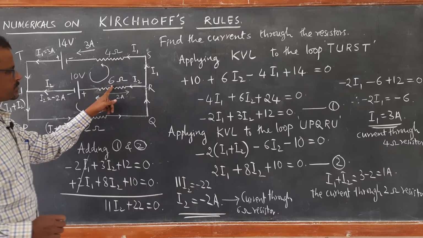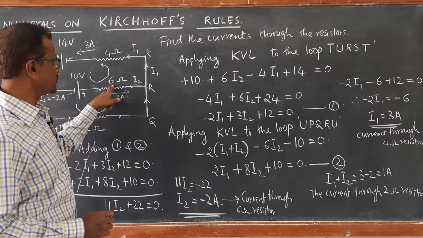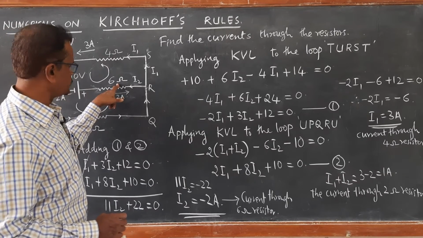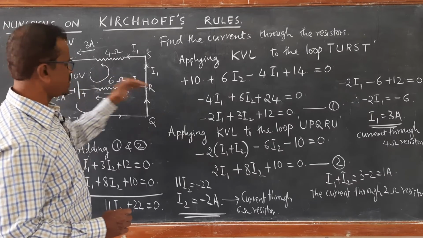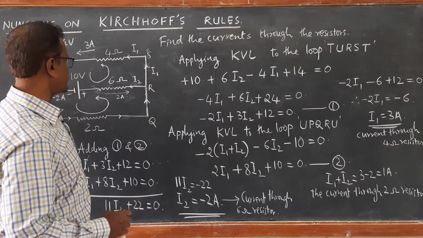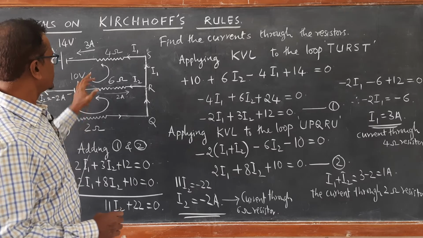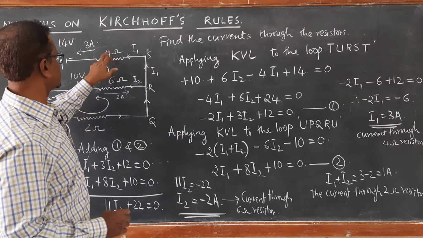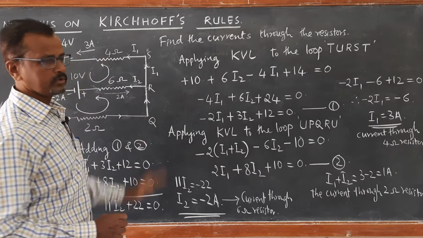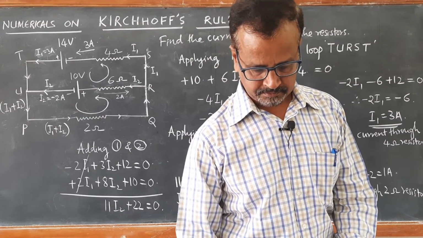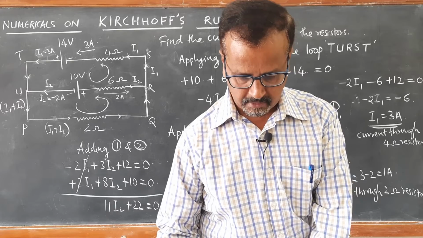Voltage across this 6 ohm resistor is going to be 6 into 2, 12 volts, but it is in the opposite direction. So U is at higher potential, R is at lower potential, right. Then voltage across the 4 ohm resistor is going to be 4 into 3, 12 volts, right. So this is one simple problem. Now let us solve another problem.